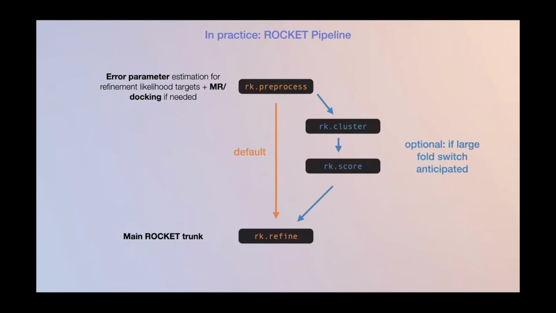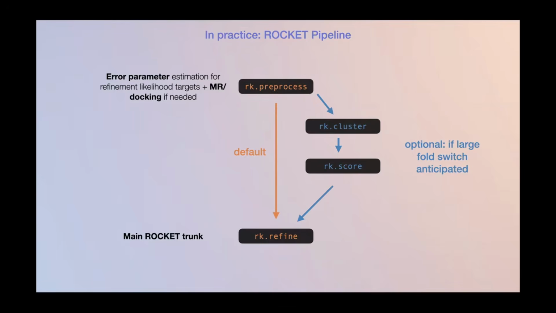There's also an optional pipeline that is a bit more time intensive. We haven't made it the default, and you should probably use it if you're anticipating a large fold switch, or if you're really unhappy with the initial Rocket refinement.